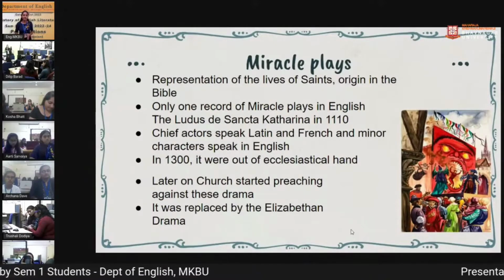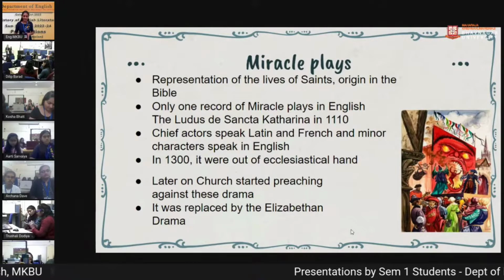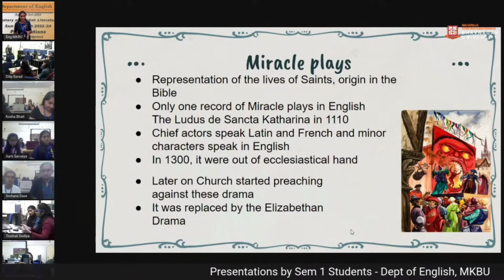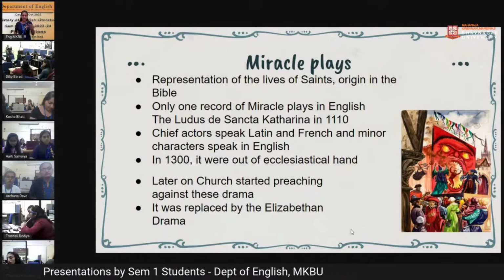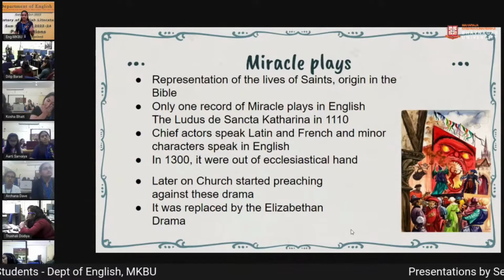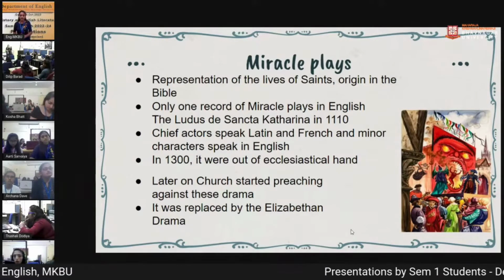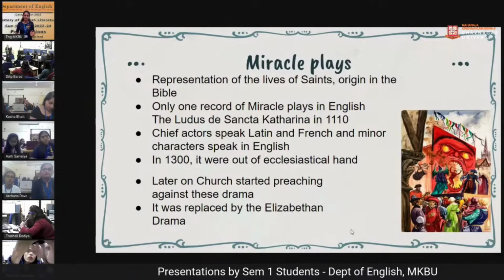Chief actors in miracle plays spoke Latin and French, and the minor characters in these plays spoke English. In that period, Latin and French were considered high languages, and English was a vernacular language, and that's why this difference was there.